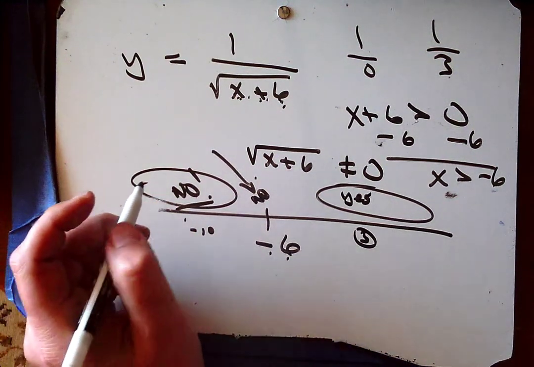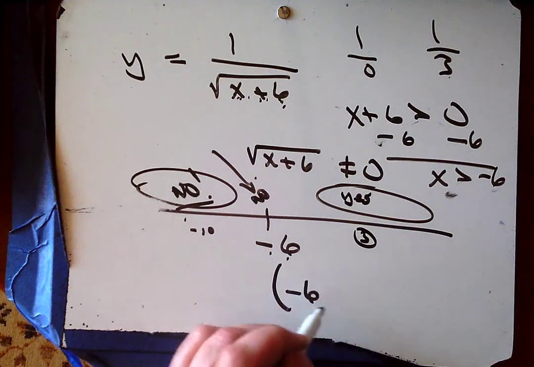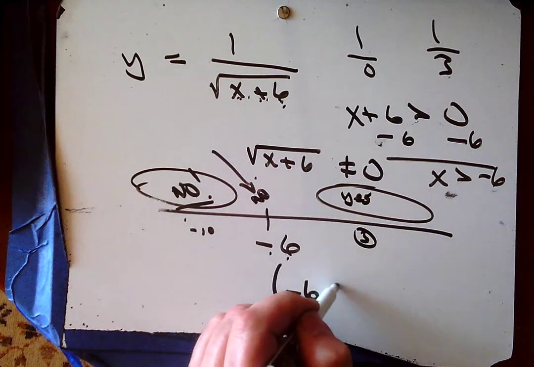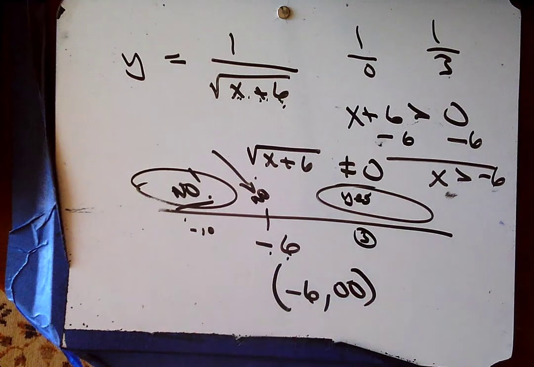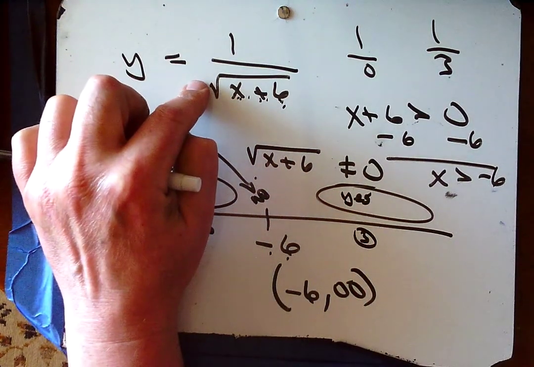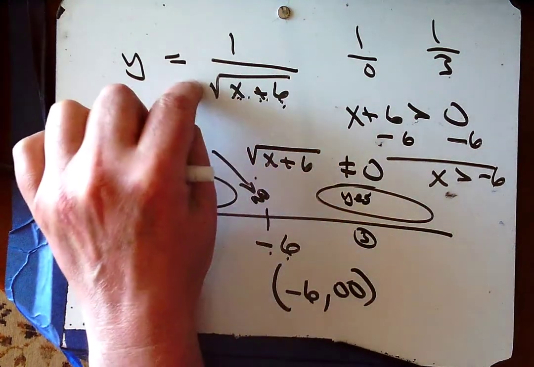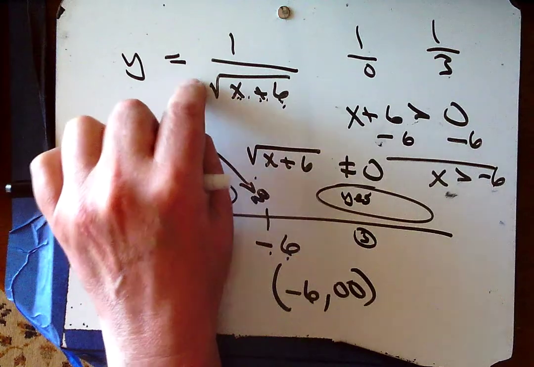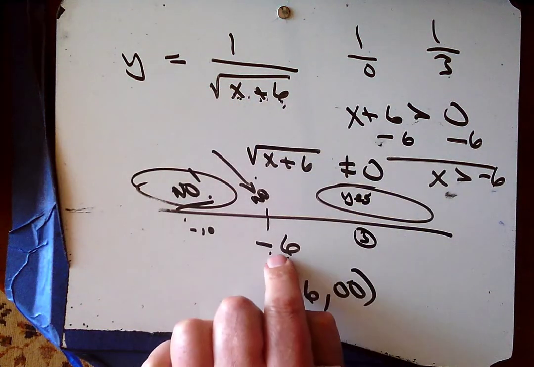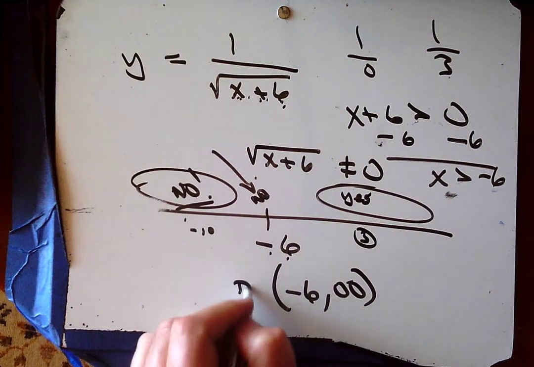So look what happens here. I end up with a domain that starts with negative 6 but doesn't include negative 6 and goes up forever. Both the restriction for the radical, that I couldn't have any negatives, and the denominator restriction, the denominator can't be equal to 0, played a role in developing this domain.